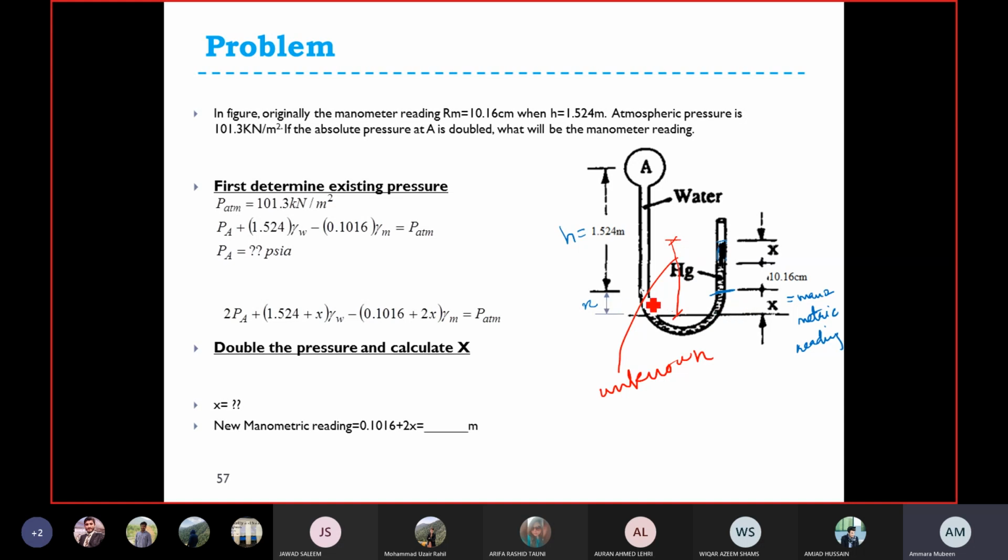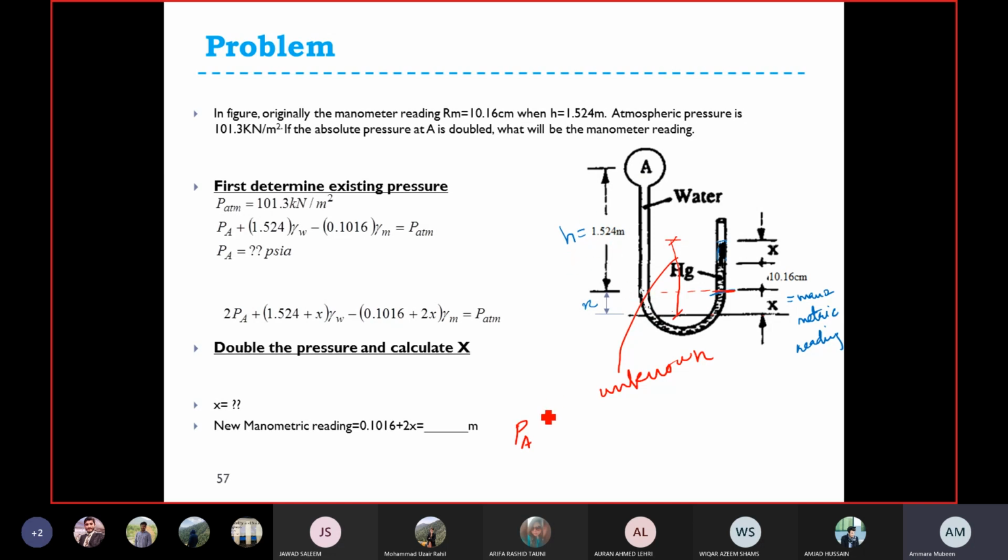Since from here to here, it is x, and again this increased dimension of the fluid in the other tube is also x. So how would you write the equation now? Starting from this end, PA, and we are going downward in the tube.